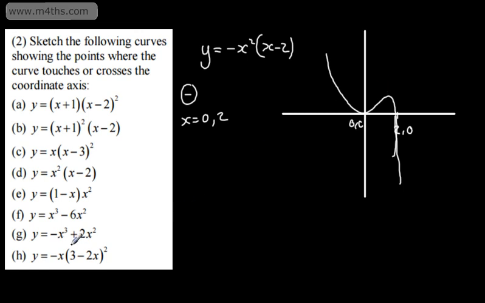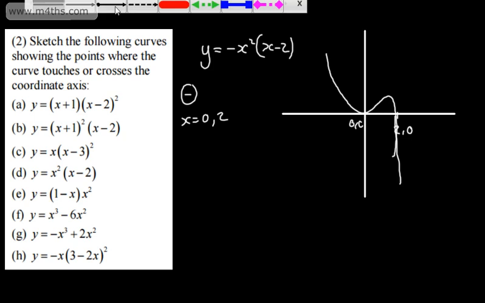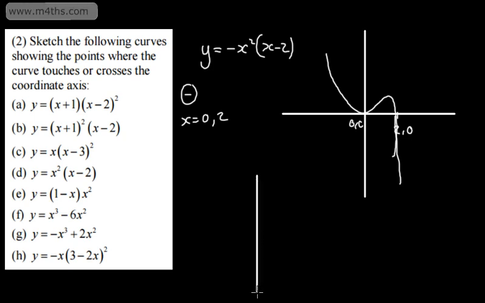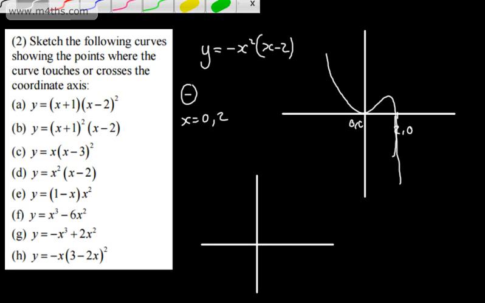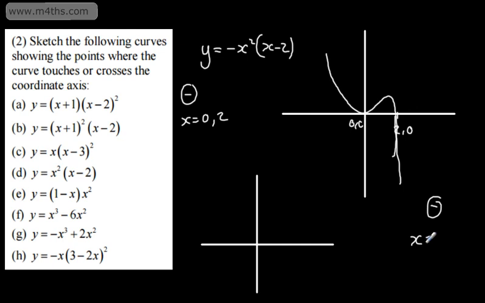Right, okay, next one, negative multiplied. Now this of course is going to be positive once we square this out, and we're going to have that repeated root now at 3 over 2. So let's go ahead and draw this one. So let's consider now the key points to this one. This is going to be negative. We're going to have x is equal to 0, and then we've got on here 3 over 2, which is the repeated one. So if we put that one there, 3 over 2, 0, this one 0, 0.